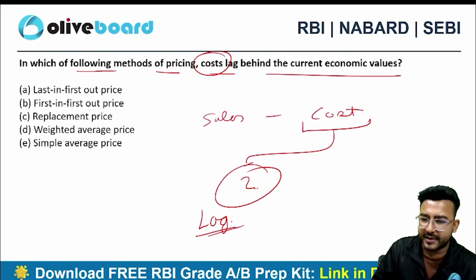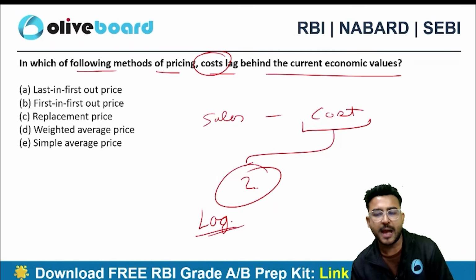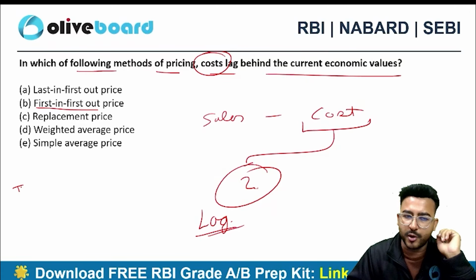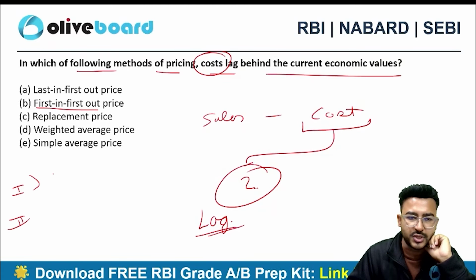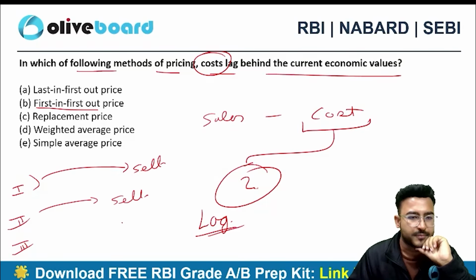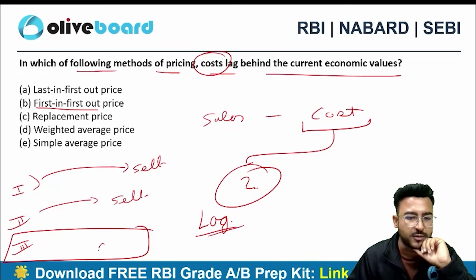Try to understand what's happening here. In first in first out, whatever I have bought initially, I will sell it first. Then I can say whatever is left will be my closing stock.